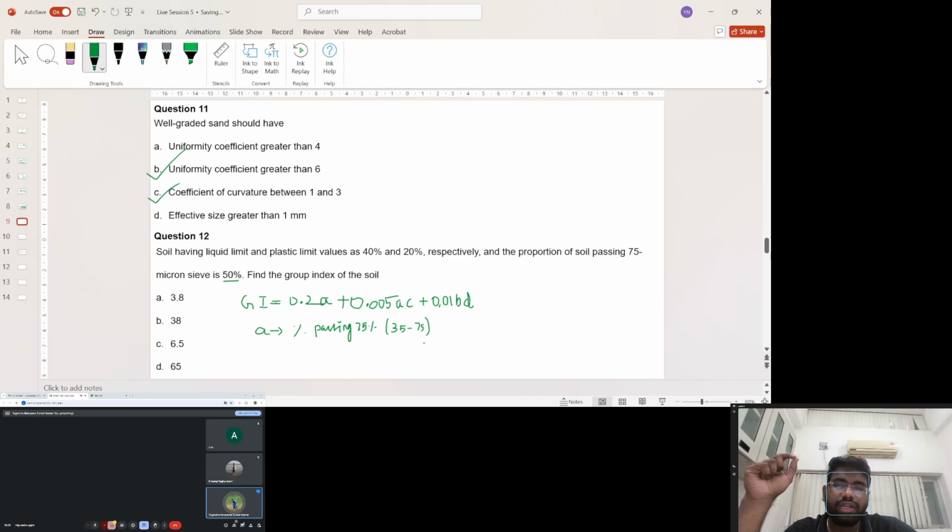Now, a is obtained from the value you got here, 50 minus 35.